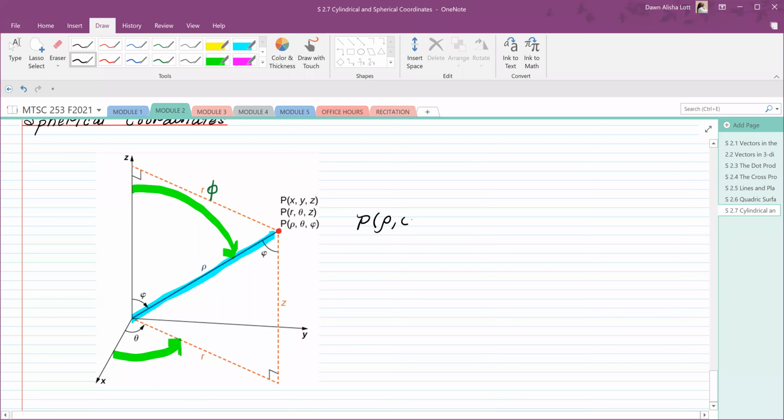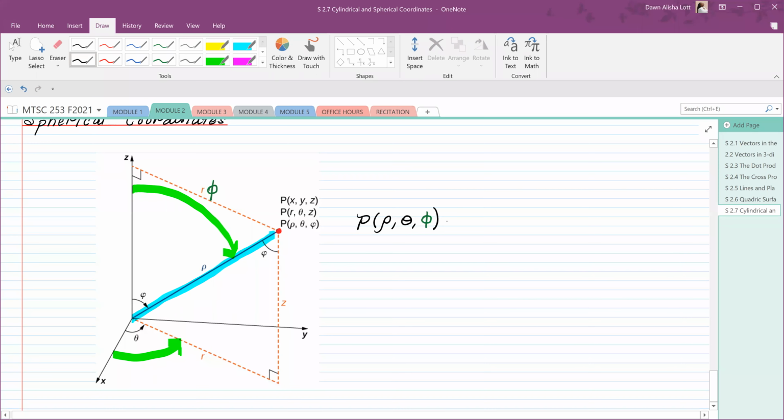Theta is still the same angle as if we did the X and the Y Cartesian, or the R and the theta cylindrical. Theta is still the same. So right now, our definition of R and our definition of theta have not changed. But we're introducing a new angle that I am now calling phi.